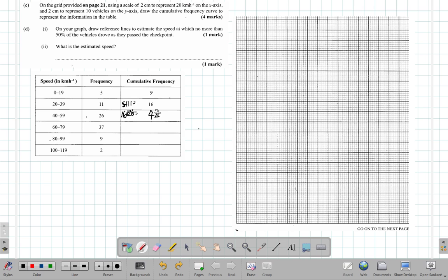Remember, cumulative means everything is accumulating, piling up. The 42 that you had before plus 37, 42 plus 37.